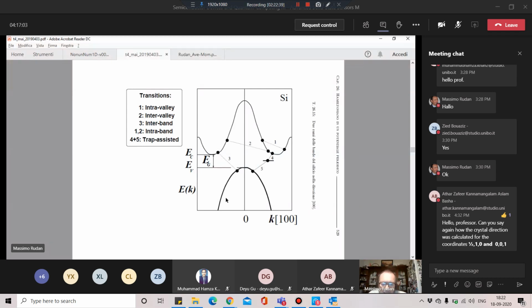The question is, how many branches are there? If you go to lower energies, not shown here, you find some other number of branches and then they finish. So there is a finite number of branches not shown here that are below these two branches.